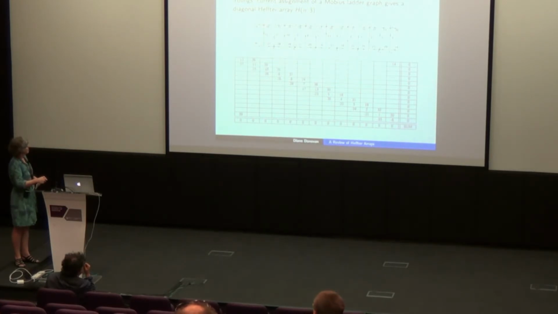So they used 3-regular bipartite graphs that were ladder graphs, and there was a current assignment on each of the edges in this graph, and it satisfied Kirchhoff's law, and that was that the sum of the labels at any vertex was congruent to 0 modulo a particular value.